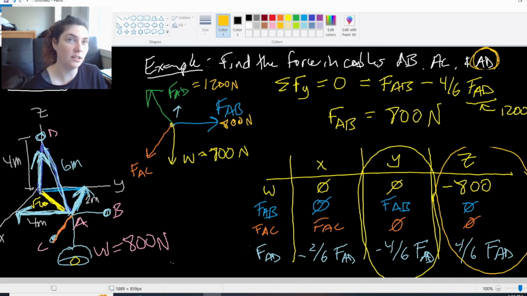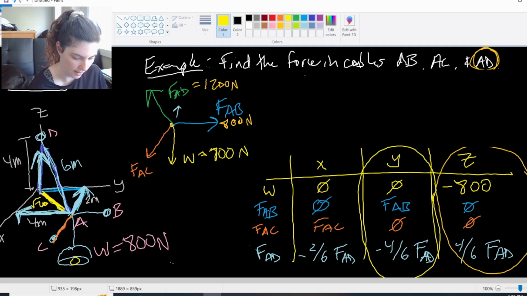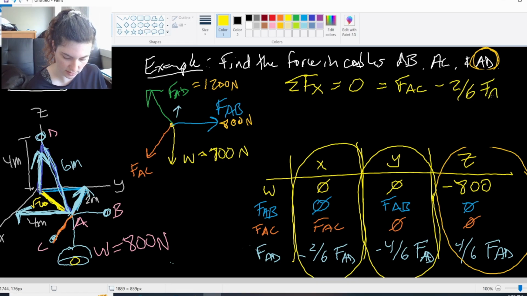And then I'll do my final equilibrium equation, which is my X equilibrium equation, to solve for FAC, right? That's the only one that we don't have yet. Sum of forces in the X direction is 0. So I'll take everything in this column, add it together. FAC minus 2/6 FAD.